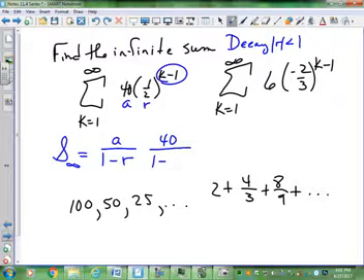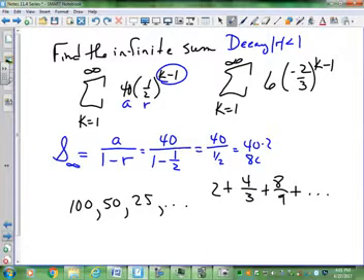So I do 40 over 1 minus half. 1 minus a half is a half. If you flip and multiply, you get 40 times 2, which is 80. So it's real simple to do that. Now, sometimes it might be more difficult than that. If you can't do the math by hand, you can put parentheses around it and type it in the calculator.